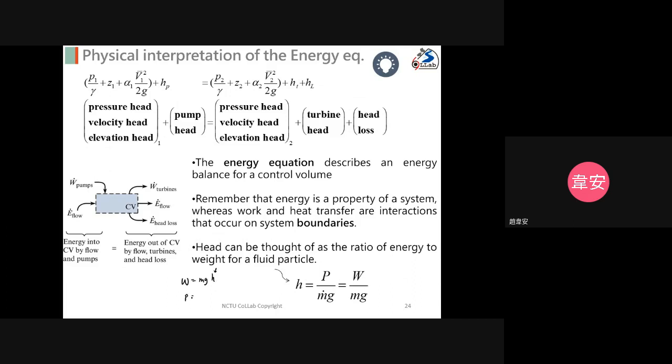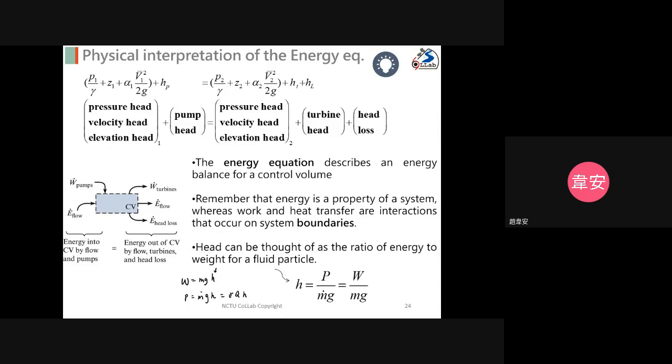And we know that for the power we need to divide by the certain time interval. So if the question requires you to answer the power, it's very easy to compute the power by the mass flow rate and gh. And it's also equal to gamma Q h.